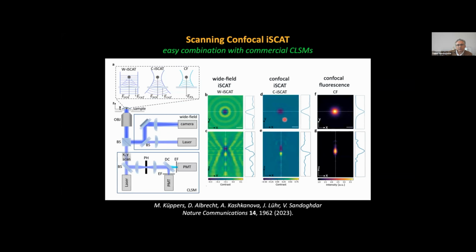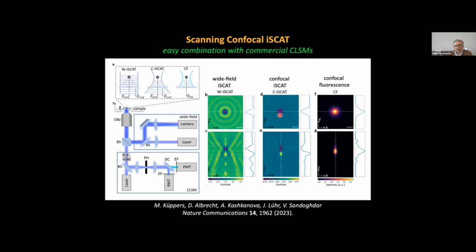But of course, the other reason is that you have a pinhole, and the same way that the pinhole selects only a small volume from your sample in, for example, fluorescence confocal microscopy, the same thing happens in iSCAT microscopy, so that you don't have as much background that would interfere with each other and with your field to give you this speckle.